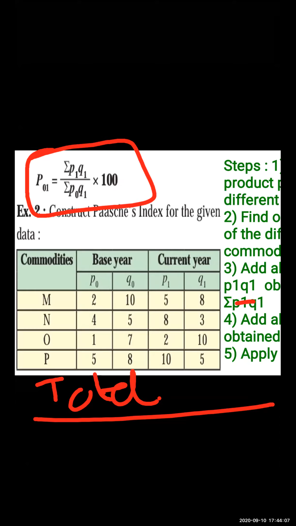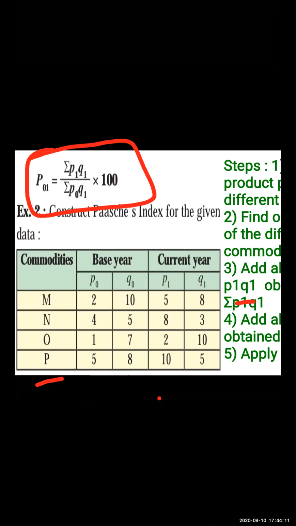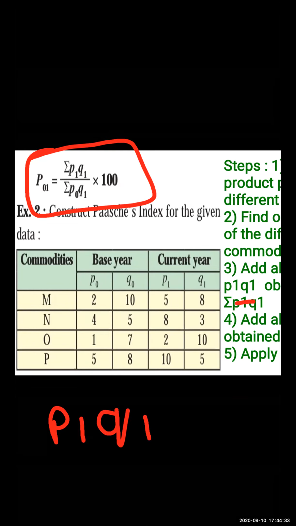So let's do it. Okay. The next column, prepare the column beside this current year. Prepare one more and put the heading small p1 q1.